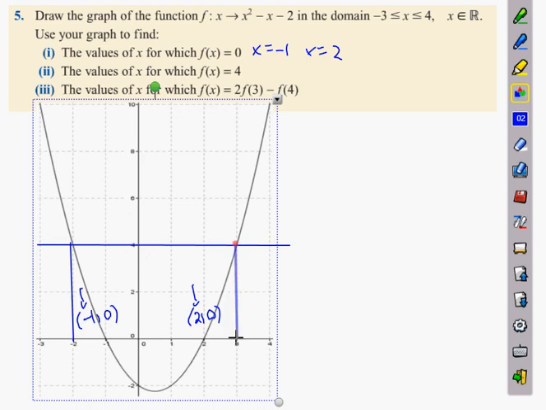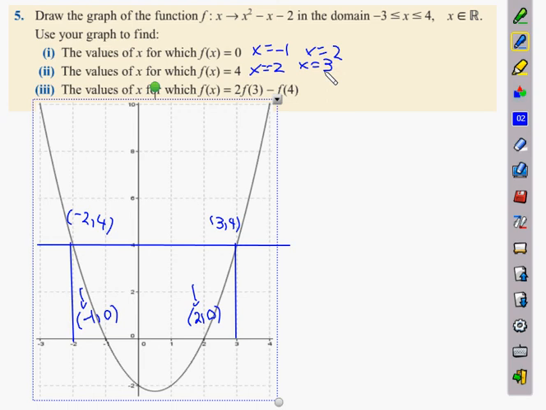This point here is minus 2, 4. This point here is 3, 4. This in English means when you have an input of minus 2, you have an output of 4. When you have an input of 3, you have an output of 4. So your two inputs therefore are minus 2 and 3, because both of them have an output of 4.